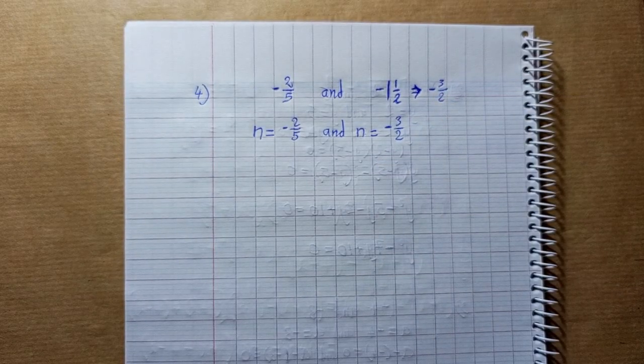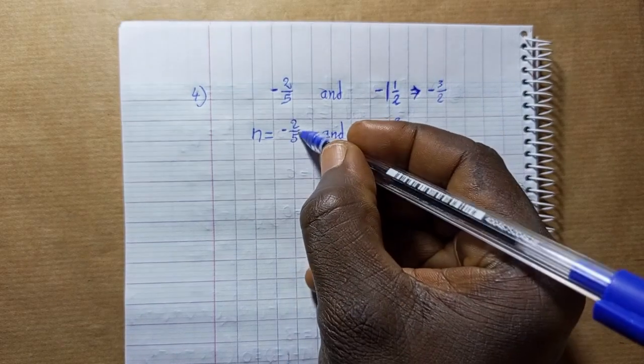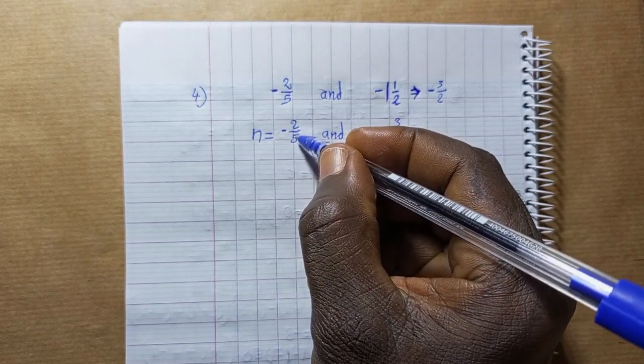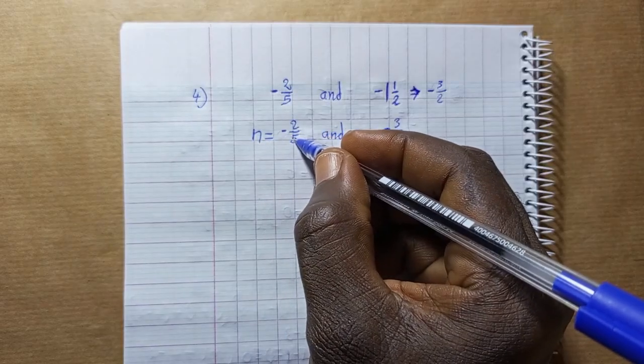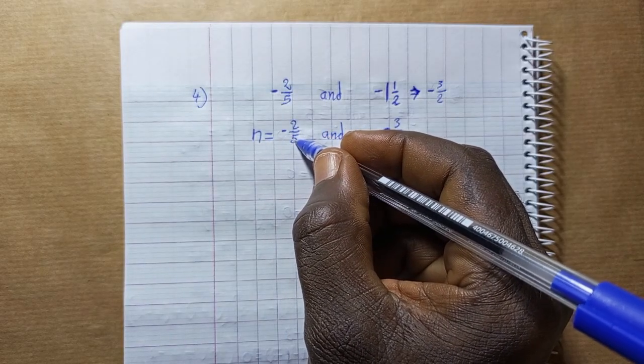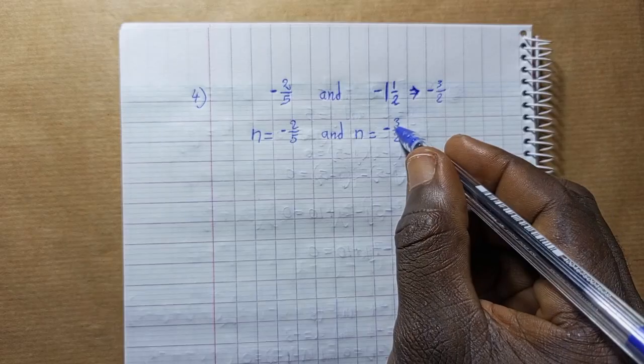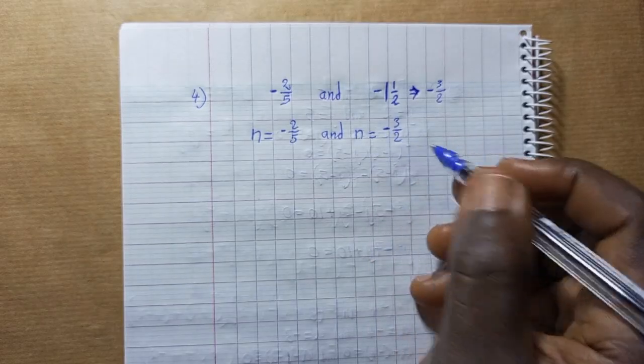So the next step here is, since this one is a fraction, I'm going to be multiplying both sides by the denominator, the one that is under, by 5, and this one also I'll multiply both sides by 2.